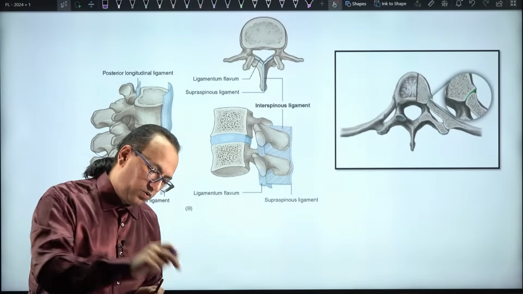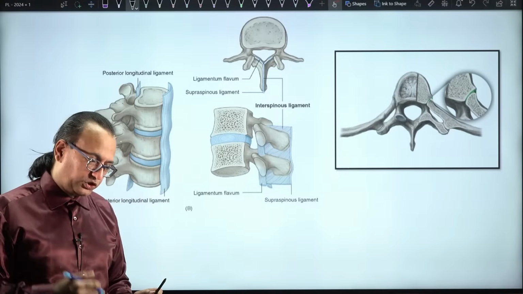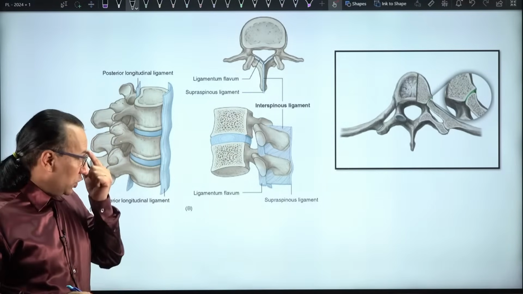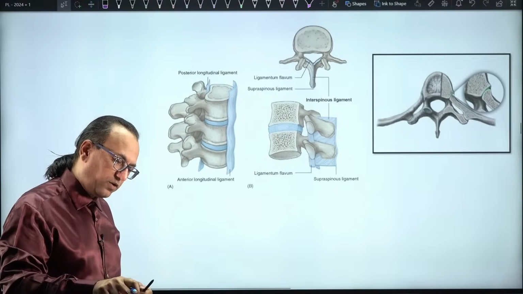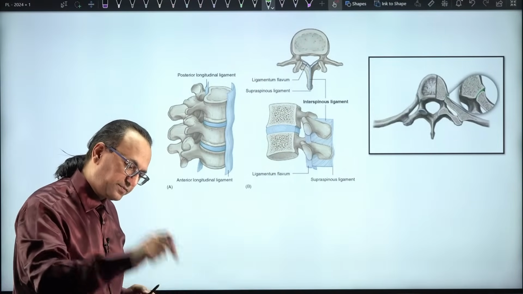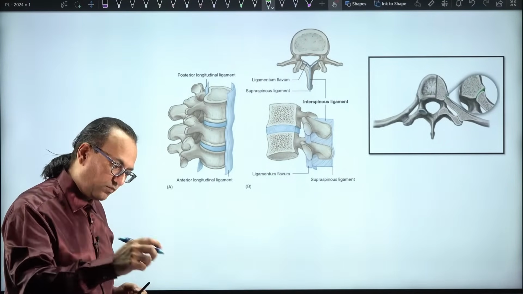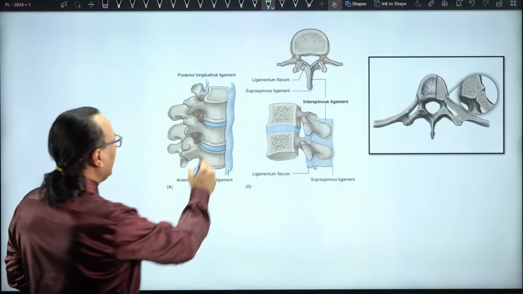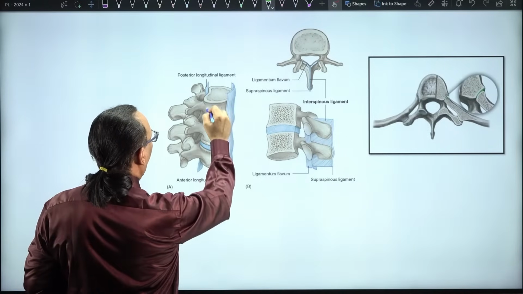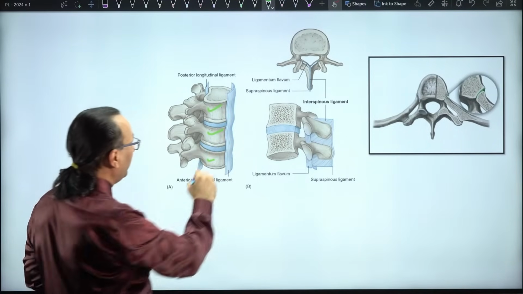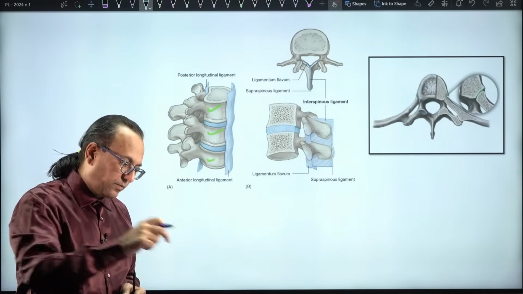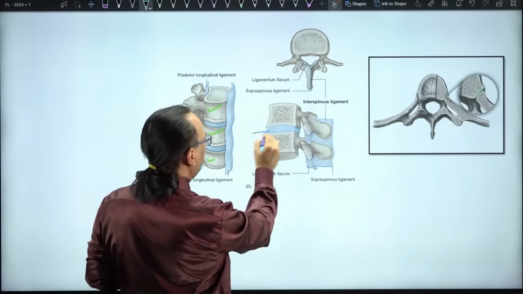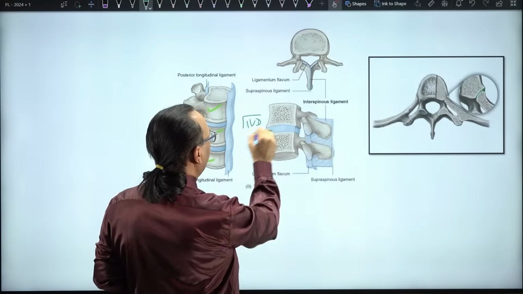If you talk about these vertebra bones, let me just keep it on one side only. You will notice that this is one vertebra, another vertebra, a third vertebra, and they are interconnected by what is called the midline intervertebral joint, where you will have the intervertebral disc.